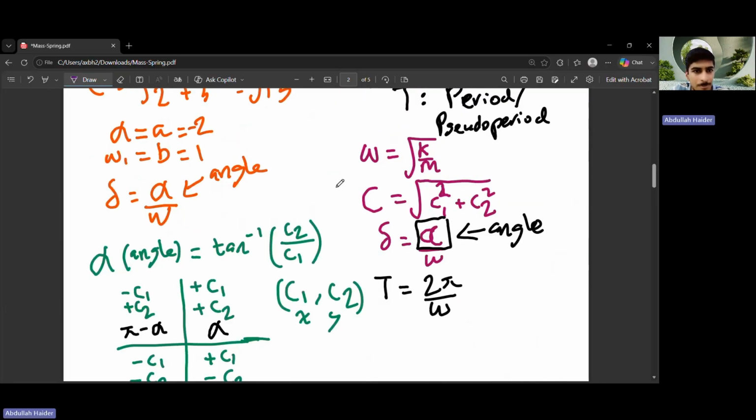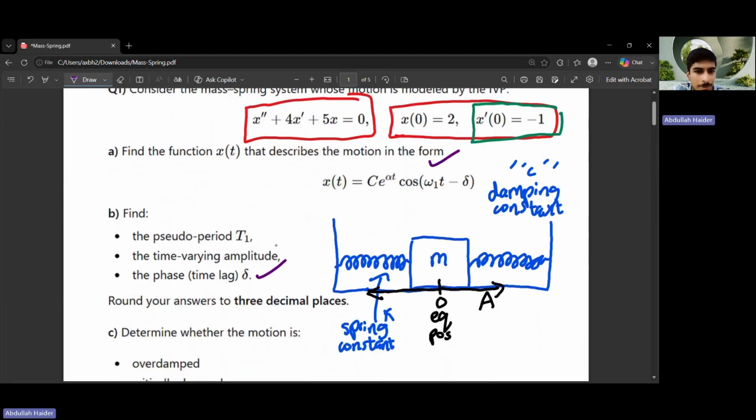That's it for part B. So we found the period, found the amplitude, and you also need to pay attention to this. I put 0.9827. You can round it to 0.983.